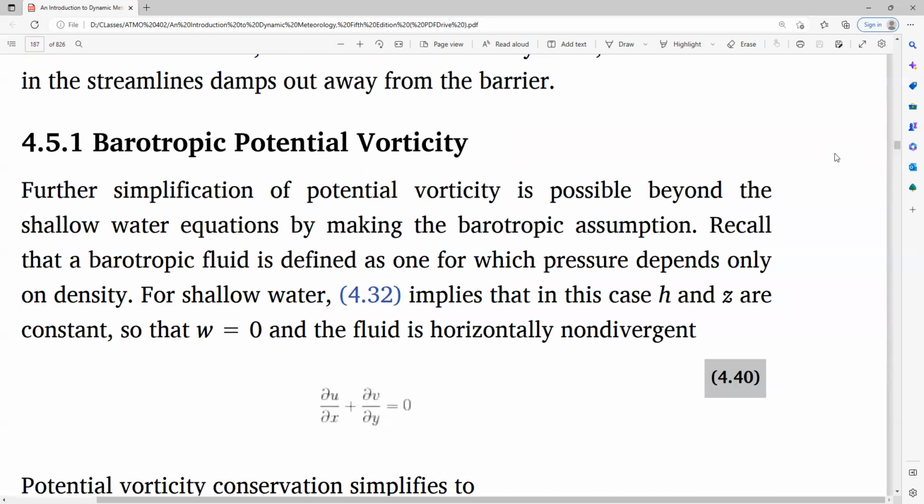I will talk about the barotropic potential vorticity system. Barotropic atmosphere. In that case, we use the barotropic assumption, and in this case, there is no vertical motion, and the fluid is non-divergent under this condition.